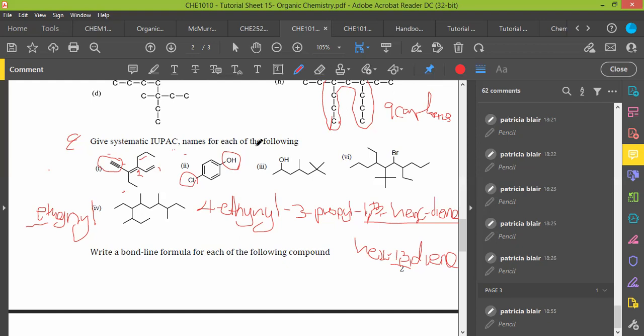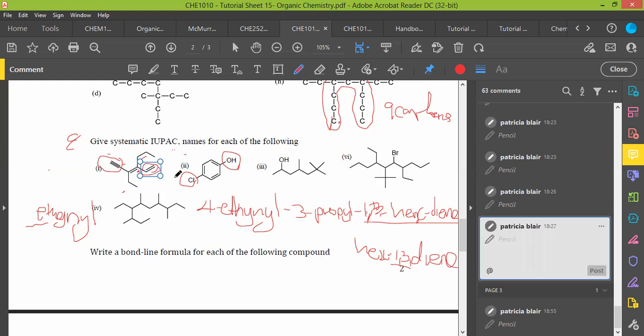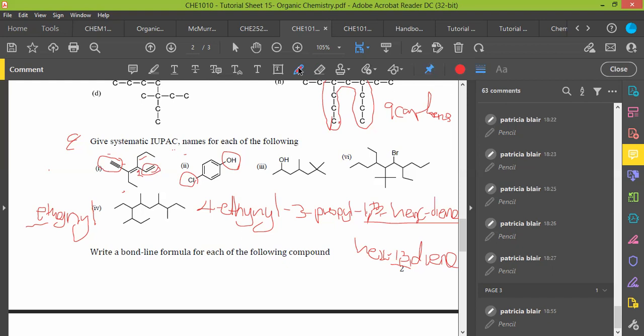If your molecule becomes like this, definitely one of these should become your substituent. So you will look at which side gives you the longest, because not all sides will be counted. You can't count going this side and then you come back. So definitely you will start from this side. 1, 2, 3, 4, 5, then 6, 7, because this side is giving you a longer chain as compared to the other side. Therefore, this will become the substituent. Does that answer your question?